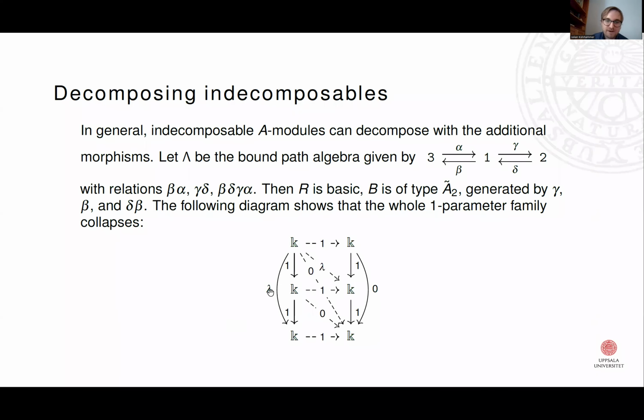So this 1, 1, and then the lambda here, some scalar. So this is a one parameter family of non-isomorphic indecomposable representations. And in fact, it turns out that this whole one parameter family collapses. This whole one parameter family becomes isomorphic in the Kleisli category.